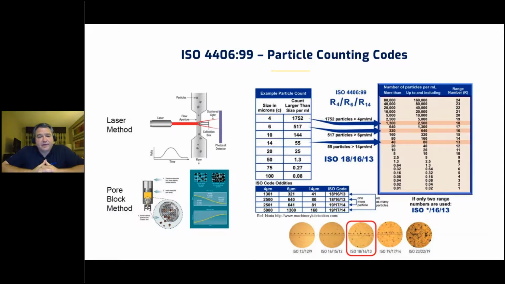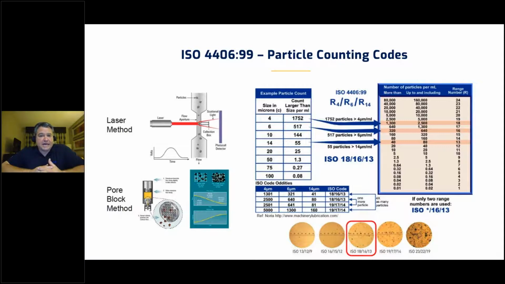There's a couple other methods. One is a pore blockage method. If you have dirty fluid, you're passing the lubricant through a series of filters or screens that capture particles from largest to smallest, and it looks at the pressure decay, the pressure drop across each of the screens, and from there we can calculate an amount of contaminants in that size range.